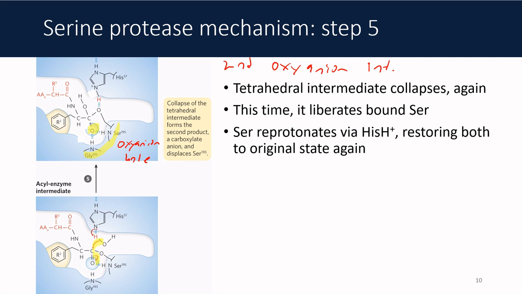our histidine, his-H, that we formed in the last step by activating water, is going to be hydrogen bonding with the oxygen that belongs to serine. You might be able to predict what's going to happen in the next step. What's going to happen to the oxyanion that we just formed?